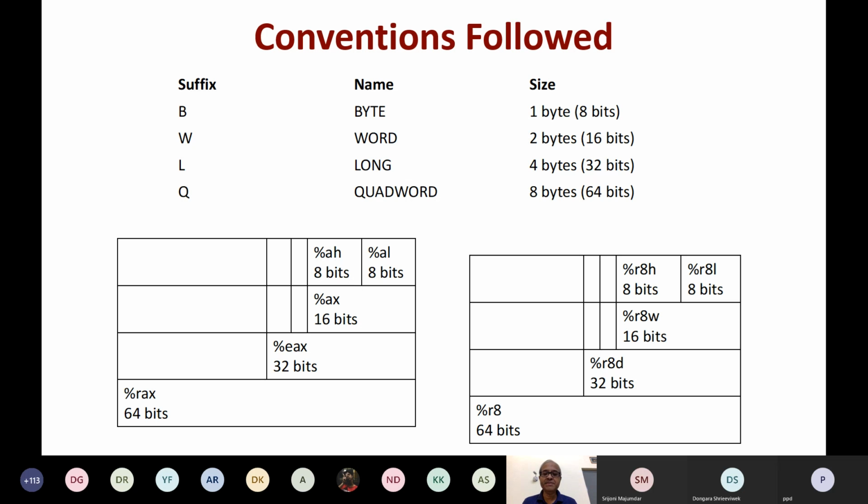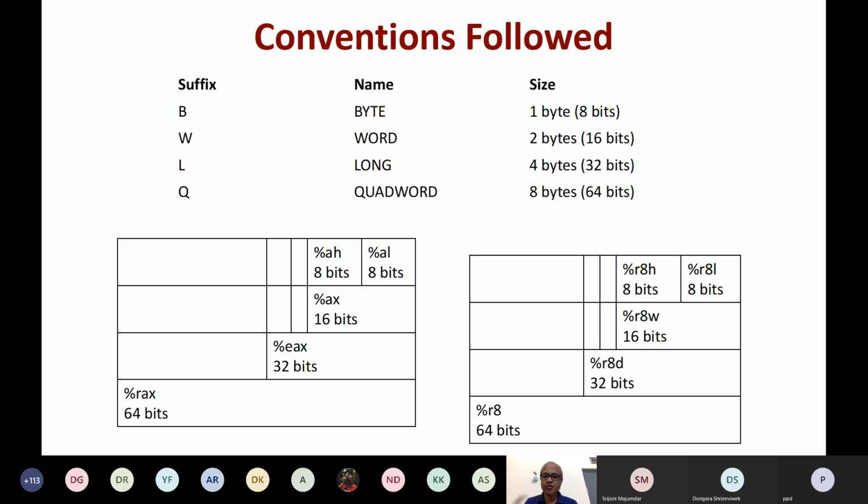Now there are some conventions which are followed in the x86 assembly language. This you have to remember. There are many instructions using which you can move some data from one register to another. Most of the instructions will be move from here to here, there to here. Those are the predominant kind of operation, register to register transfer or register to memory, memory to register.